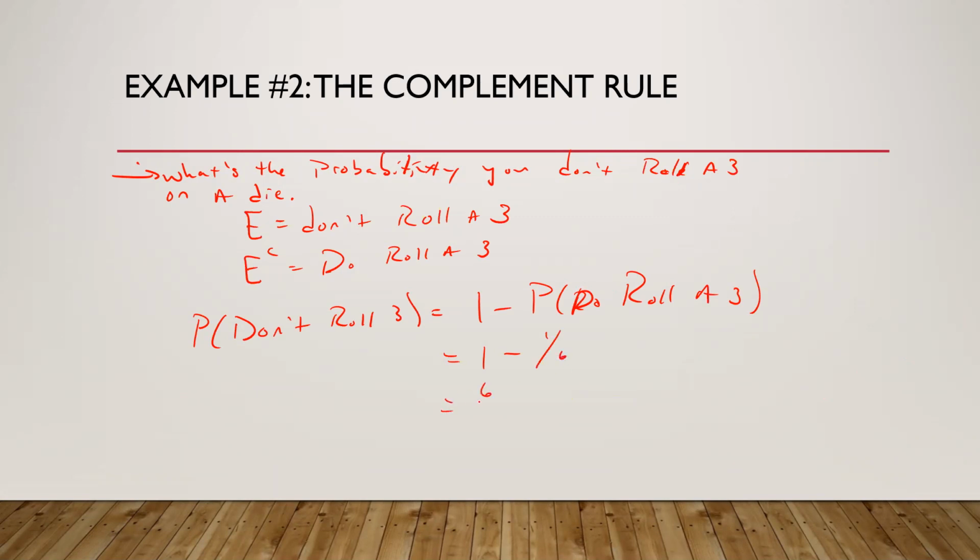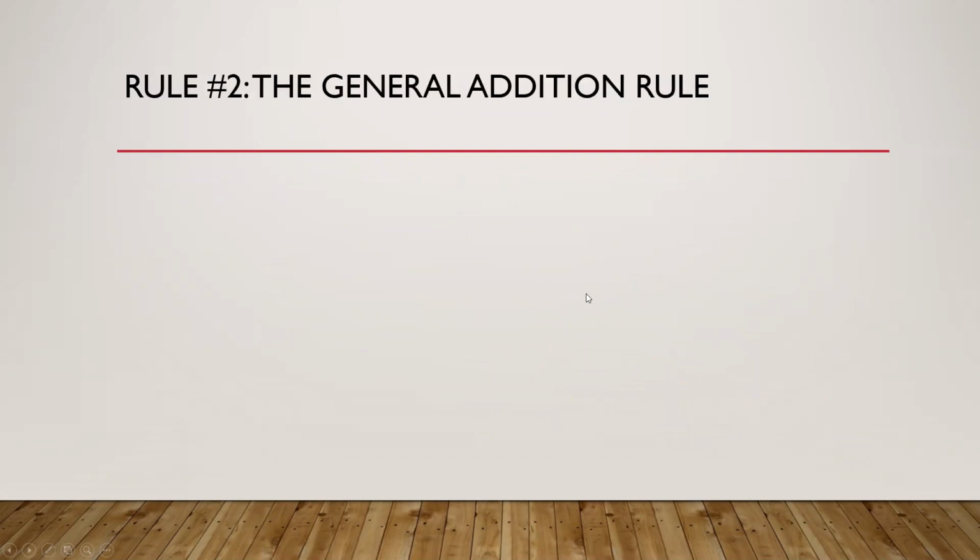So you just change the 1 to 6 out of 6, and this answer is 5/6. So that's just the complement rule. Now, just remember, keep the complement rule in your mind for later on in class.